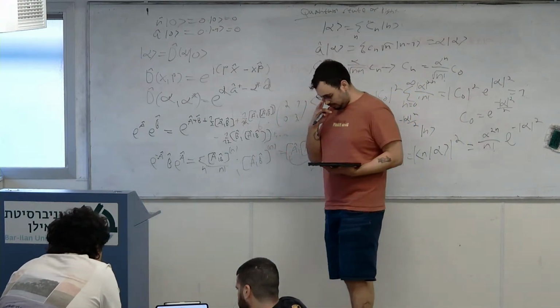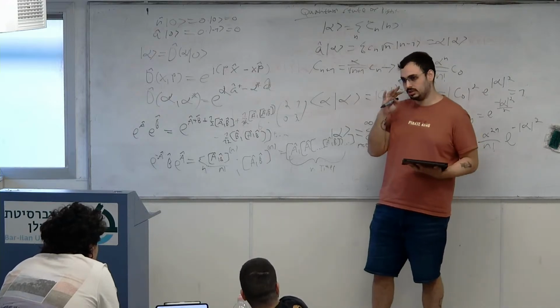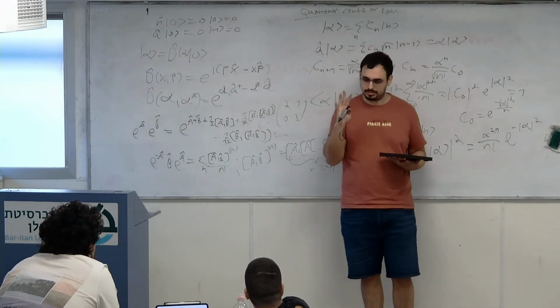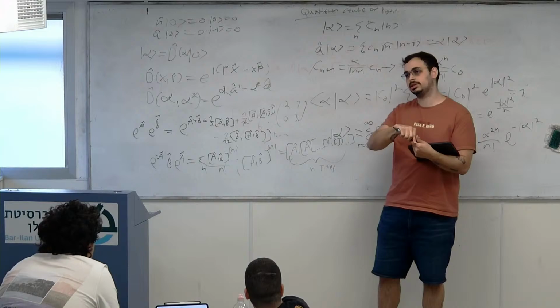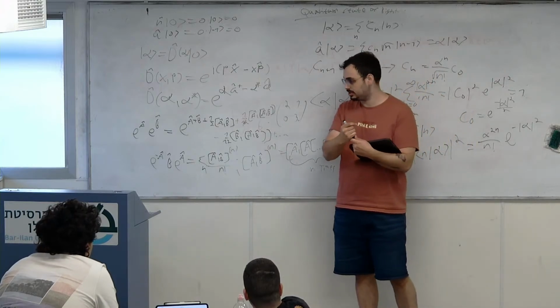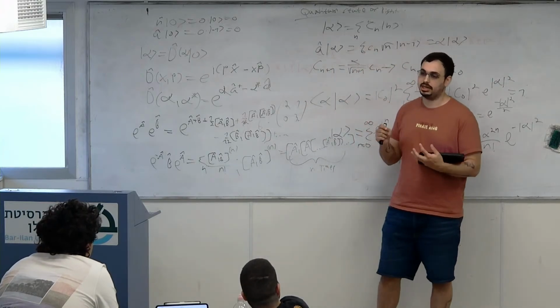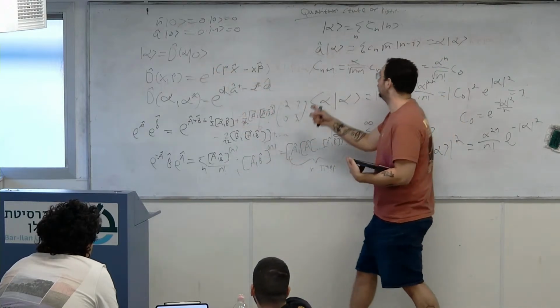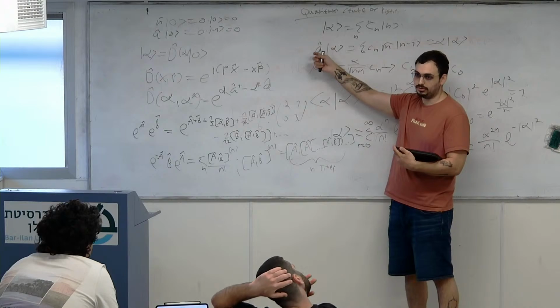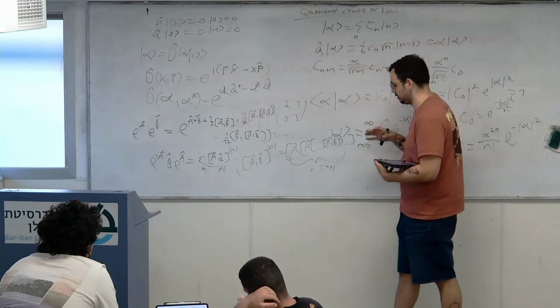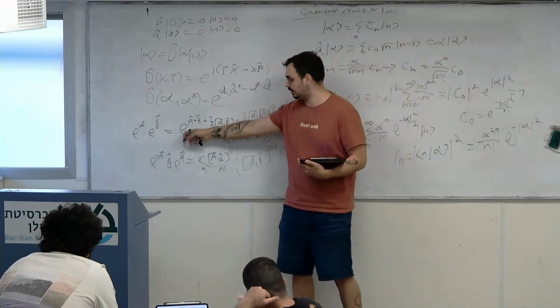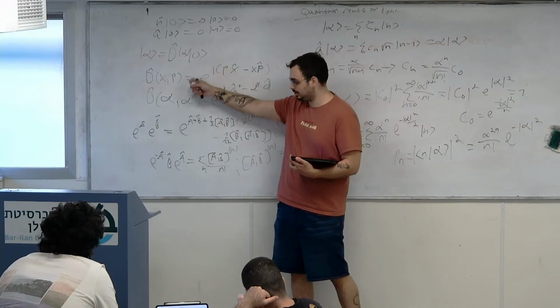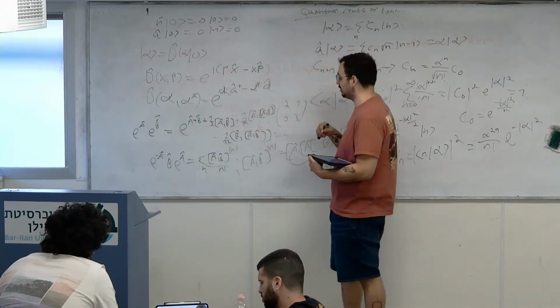Because I don't know if Avi talked to you about this, but there are two main ways, a little bit more than that, to work in second quantization, which is what we're doing here. We can either evolve the states in time, or we can evolve the operators in time. Both of them are equivalent if you're consistent. So with this, we're going to show the evolution of the state, and with this, we're going to show the evolution of the operator.